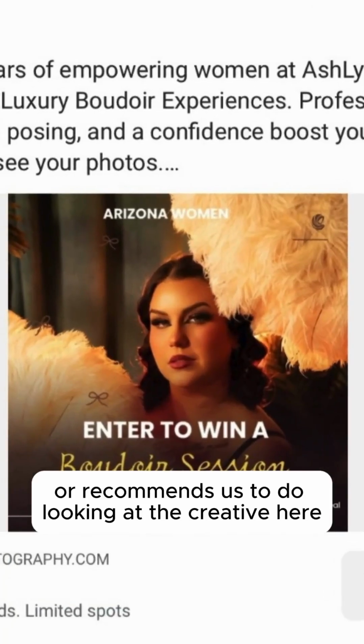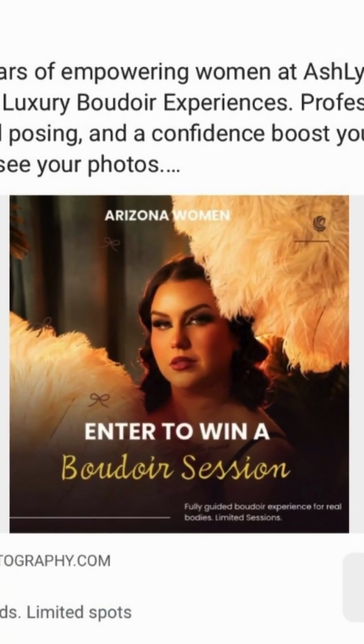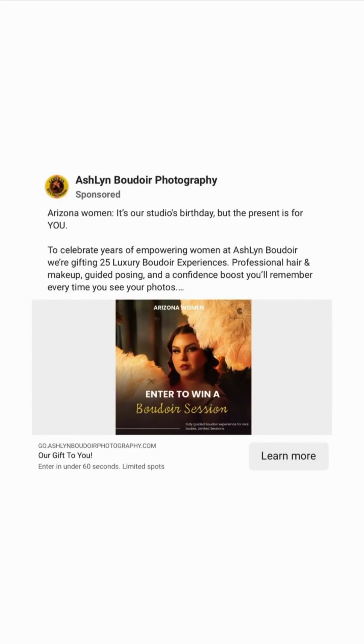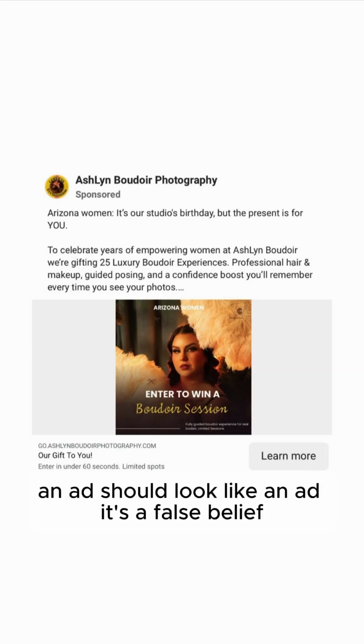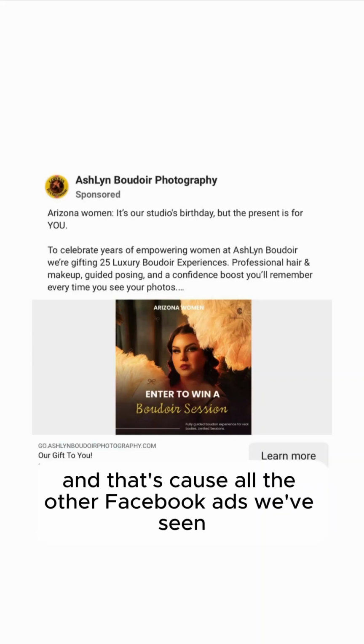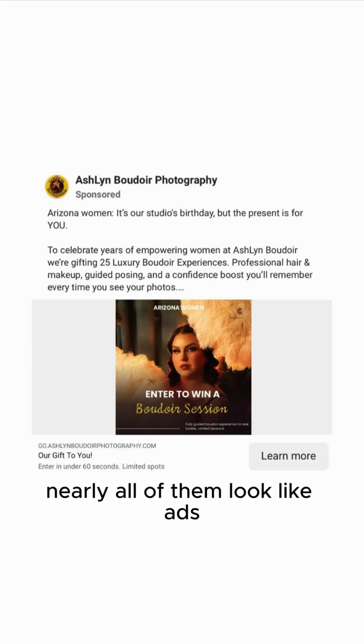Looking at the creative here, we've got the looks-like-an-ad mistake. The false belief that caused us to make this mistake is we believe that an ad should look like an ad. It's a false belief. And that's because all the other Facebook ads we've seen, nearly all of them look like ads.